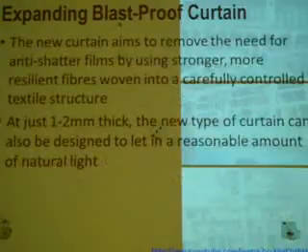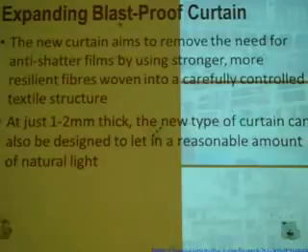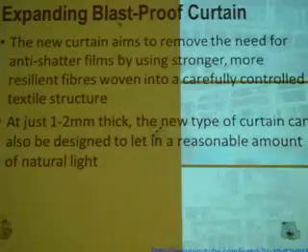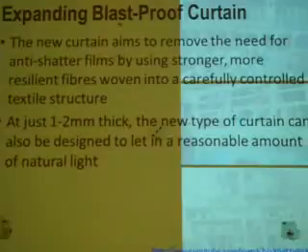The new curtain will remove the need for anti-shatter film by using stronger, more resilient fibers woven into a carefully controlled textile structure. At just 1 to 2 millimeters thick, the new curtain will be designed to let in a reasonable amount of natural light, thereby reducing the need for electricity for lighting inside the building.